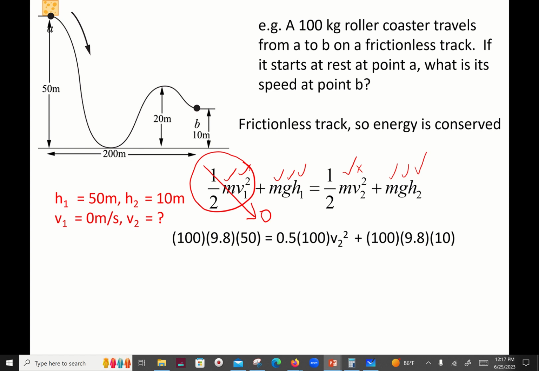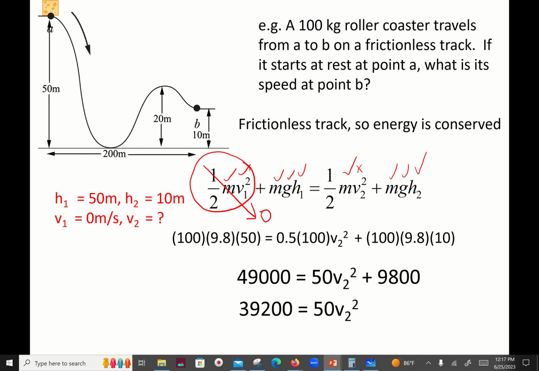So I've got mg times the height at A, so 100 times 9.8 times 50 is equal to 1/2 times m times v2 squared, which is what I'm trying to find, plus mgh at point B, so 100 times 9.8 times 10. So if I put in my numbers, I get 49,000 on the left-hand side is equal to 50 v2 squared plus 9,800.